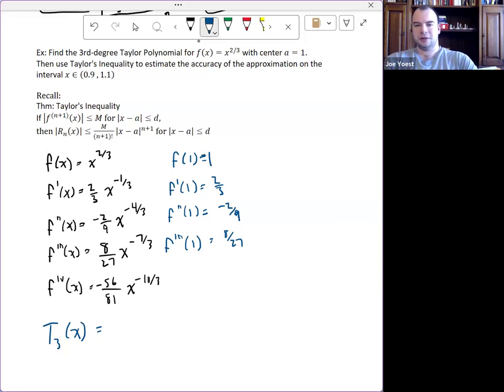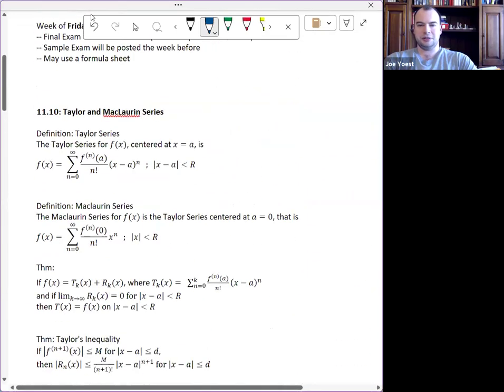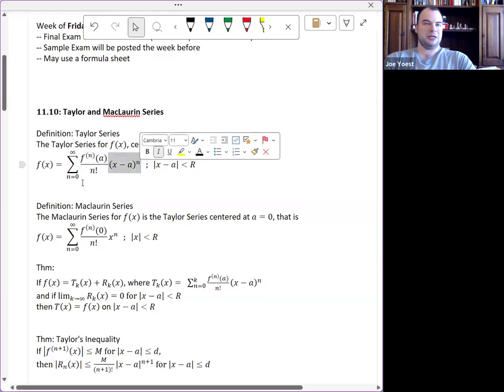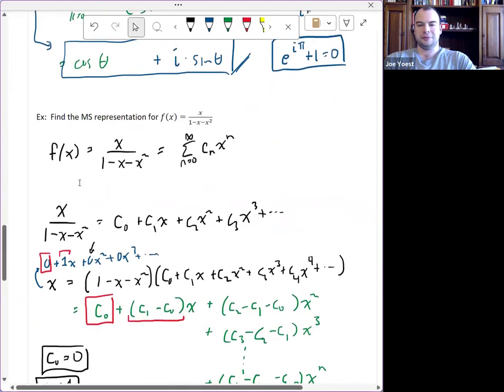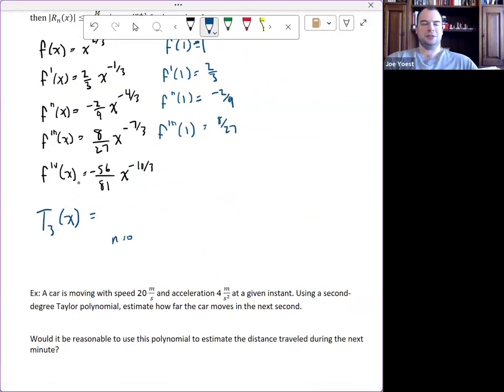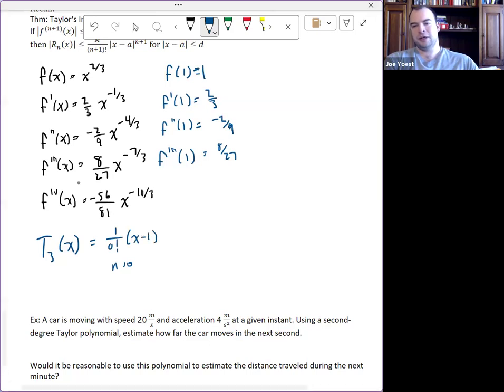If we remember what our Taylor formula is, it's the n equals 0 to n equals 3 terms added together that look like this: the nth derivative at the center over n factorial times x minus center to the n. My n equals 0 term is the 0th derivative, or just f at 1, which is 1 over 0 factorial times x minus 1 to the 0 power.